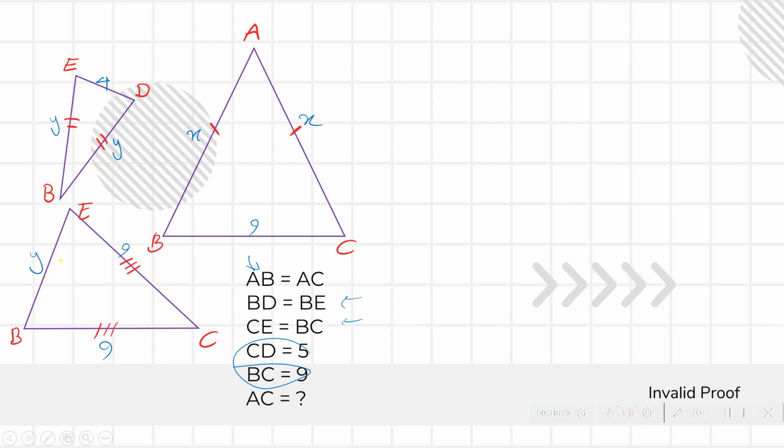Okay, now, here's what's interesting. First of all, why are these triangles similar? Here's why. This is B and this is E. These two angles are the same because this triangle is isosceles and B is equal to B. This is the same angle, so they have the same size.